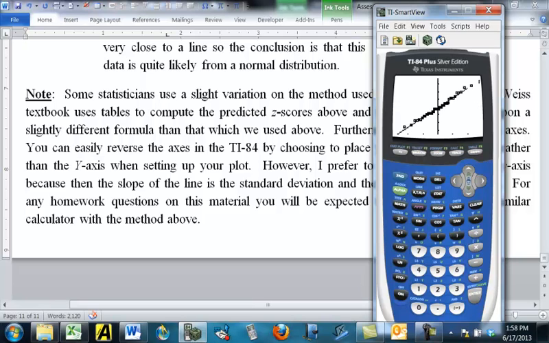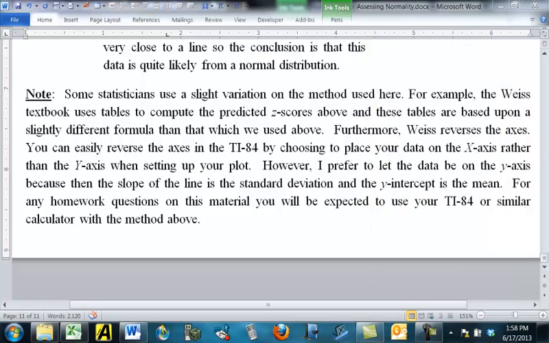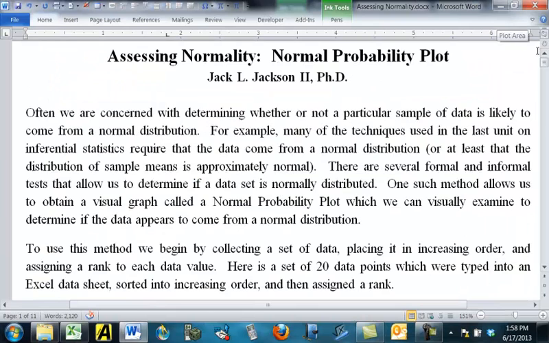Now we get it where we want it to be. And when I'm finished, I always want to clean up. Particularly, I want to go up here and turn my plots off before I finish up here. And I don't necessarily need this, so I'm going to clear it out too. So kind of clean things up. And then I'm done with this. Alright, so that is how we can assess some normality with a normality or normal probability plot.